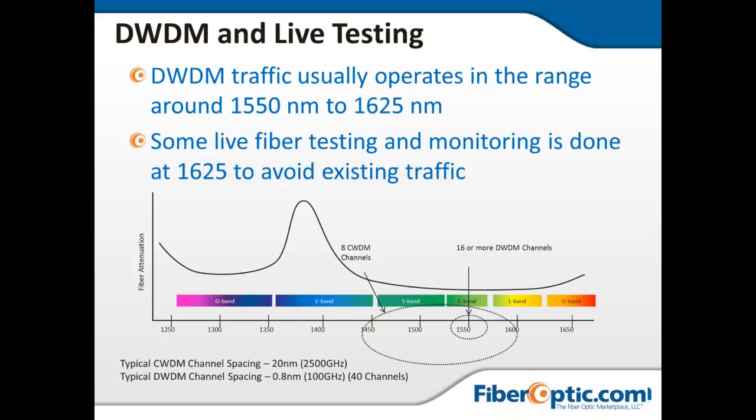That gives us the appropriate spacing. The typical DWDM spacing, as you see here, is 0.8 nanometer, which is what we can get to for our 40 channel, 100 gigahertz modulation. That's incredibly advantageous when you've got companies trying to put 16 terabits of data over one single fiber.